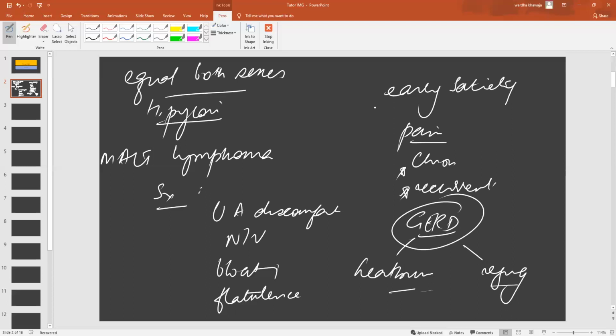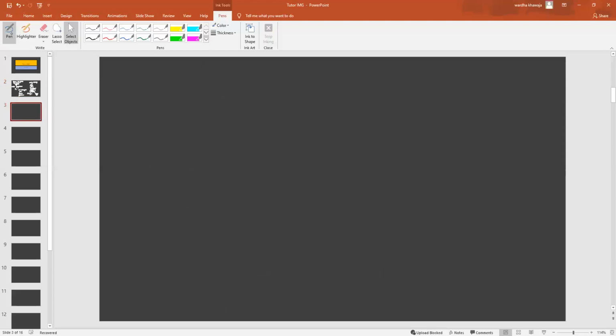Otherwise, the presence of these symptoms in a patient who's around 30s, third decade or fourth decade of life, without any alarm symptoms, please remember, we do not want to have any alarm symptoms. What are alarm symptoms in such a condition?